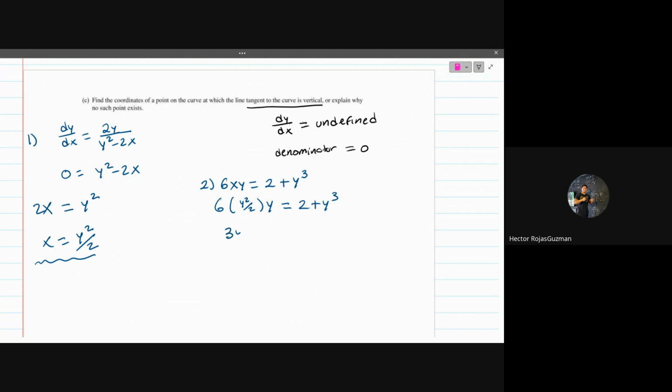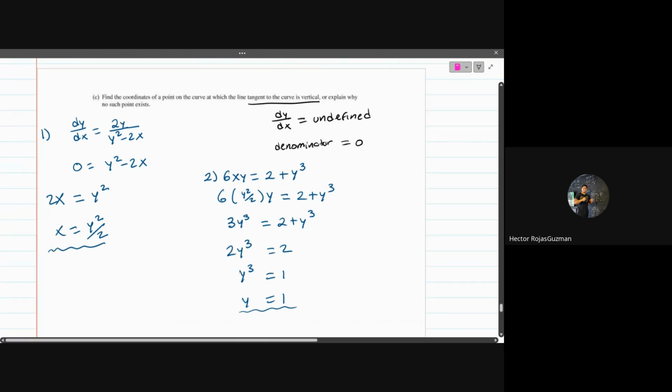This becomes 3y squared, oh, actually, 3y cubed equals 2 plus y cubed. We'll subtract the y cubes. 2y to the power of 3 is equal to 2. y to the power of 3 is equal to 1. y is equal to 1. And that's your y value.